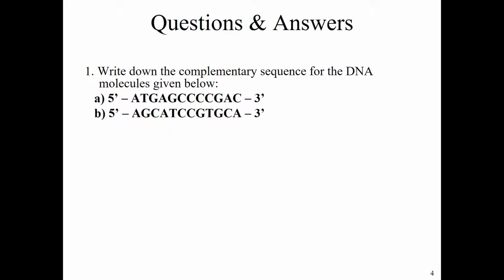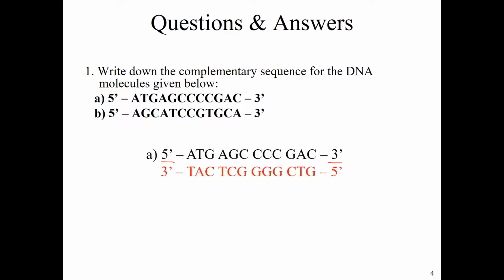Let's look at the first one. This is a 5' to 3' DNA strand. What you are required to give as an answer is the other complementary strand, the 3' to 5' strand. Here you see the 3' to 5' complementary strand. A binds to T and G binds to C. This is the base pairing rule.